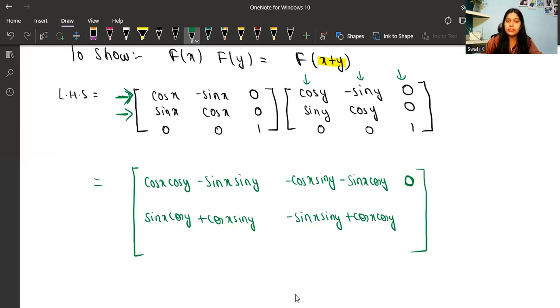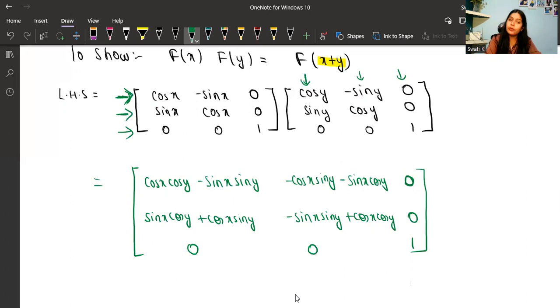And then the second row and the third entry is going to be 0. Now the next is the third row and the first column. So 0 into this is 0, 0 into this is 0, and 1 into 0 is 0. So this is 0. Again this is also going to be 0, and this is going to be 1, because 0 times 0 is 0, plus 0 times 0 is 0, but then plus 1 times 1 is 1. So this is the entry.